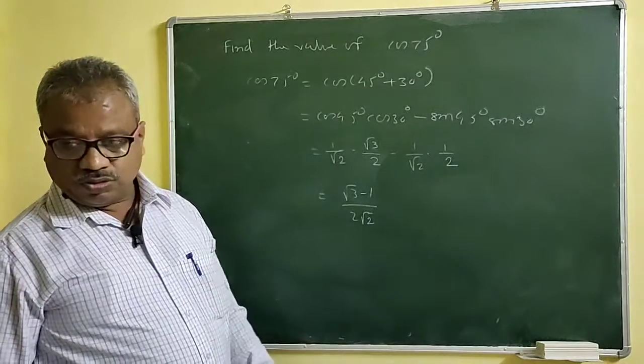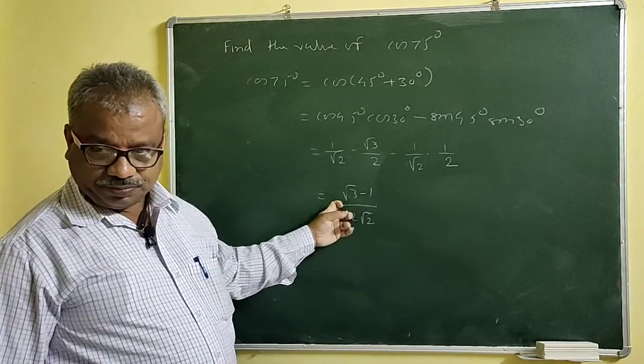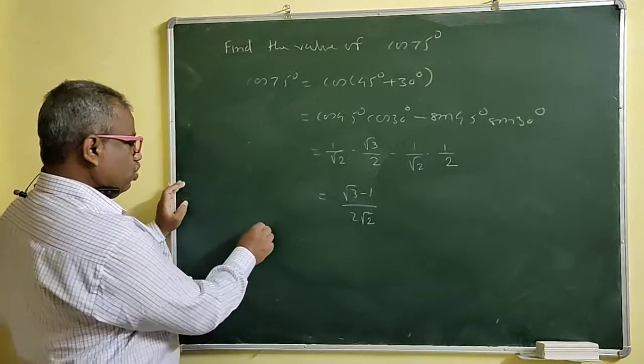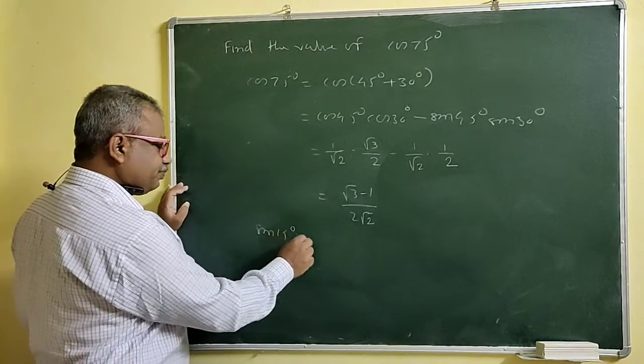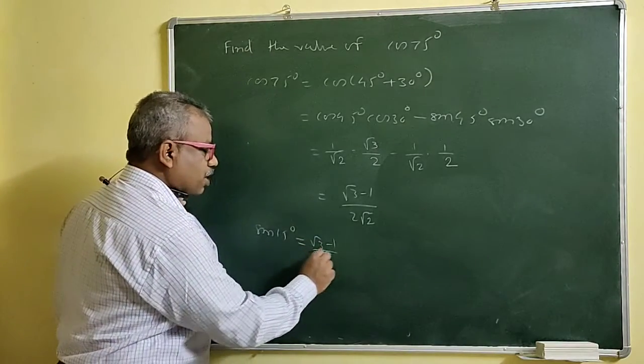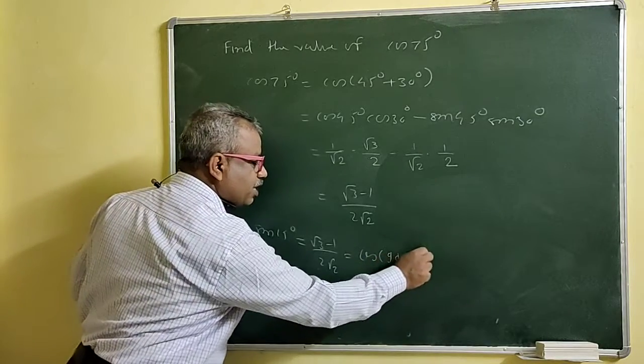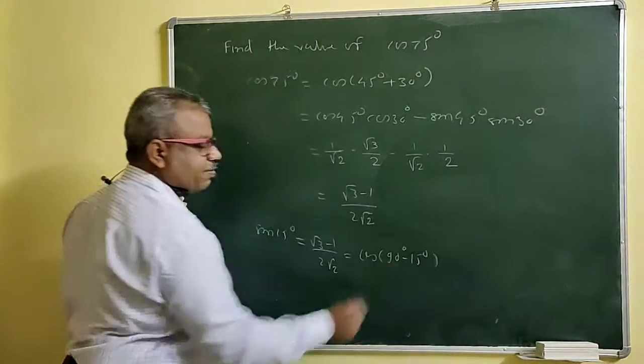So this is the same as sine of 15 degree. Now see here, you know sine 15 degree is root 3 minus 1 by 2 root 2. This is the same as cos of 90 minus 15 degree.